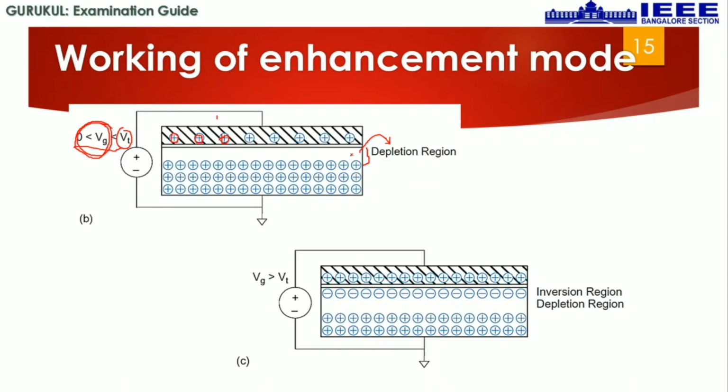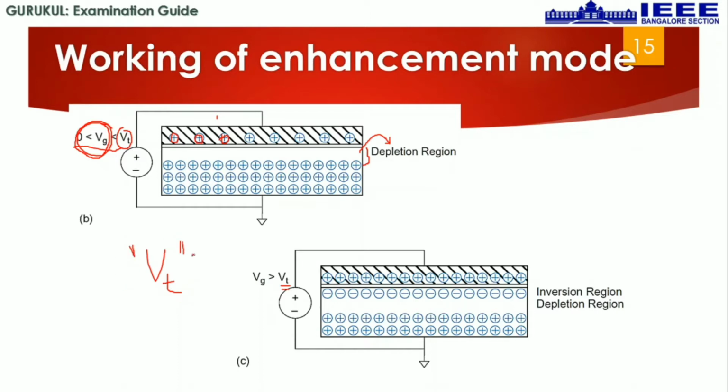There are no free charges here. Now what is Vt? Vt is the threshold voltage, and it is defined as the minimum voltage required to turn on the transistor.